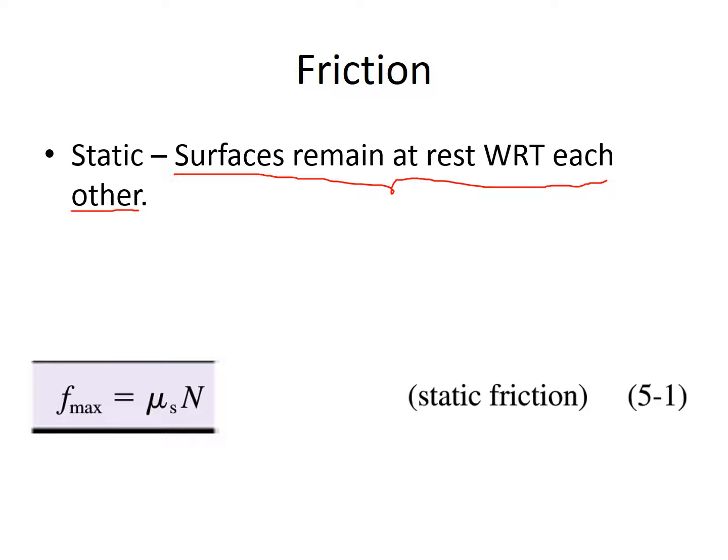And the formula for that is this: F max, sometimes Fs max, is equal to mu s times N, where mu s is the so-called coefficient of static friction, and it is a property of the two surfaces, and a property of the interaction between the two surfaces. So there are some standard values for surfaces that are fairly standardized, but for the most part, it varies according to individuals, so you have to determine that experimentally.